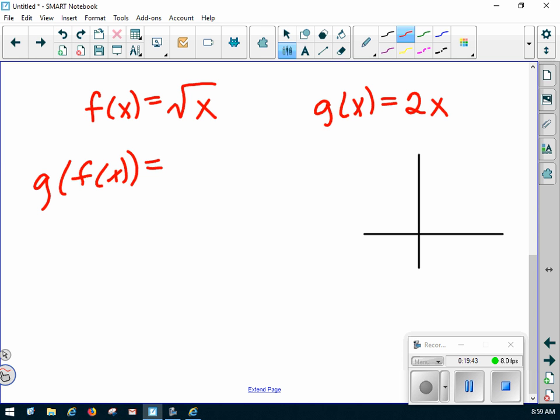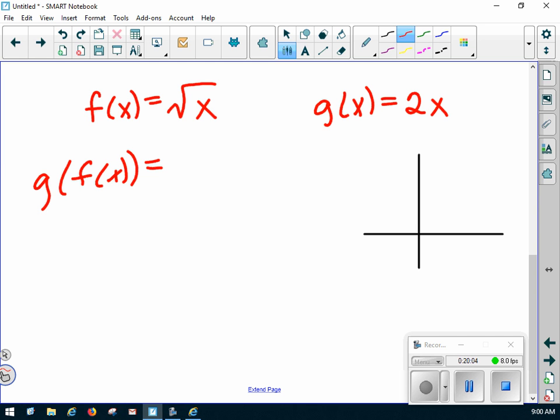Okay, let's think through it without doing the machines. What function happens first? F. What's going into F? X. So what comes out? Square root of x. What's going to go into g? Square root of x.